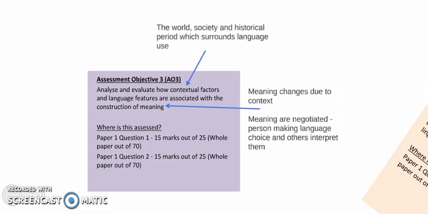A good and common example is swearing. How a swear word is directed, who it's in front of, what's just happened before, after, the historical period, all influence how that swear word is understood and interpreted. Sometimes it can be offensive, sometimes not as offensive, depending on the context.